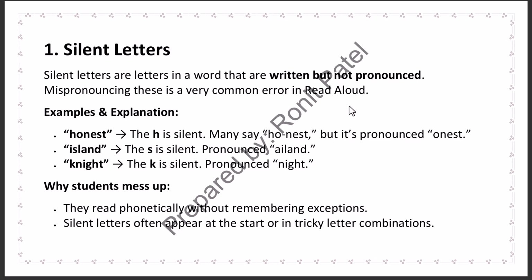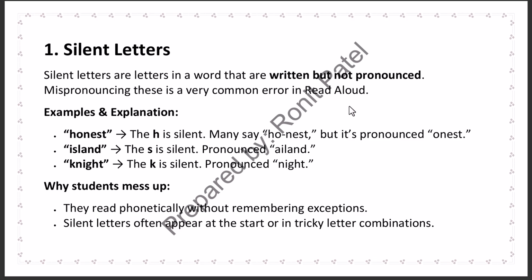So what is the real problem for PTE students? The real problem is reading habit. Most learners were trained in school to read every letter carefully, but in spoken English, good pronunciation actually requires the opposite skill. You must learn which letters to ignore, and here is why this matters to scoring. When you pronounce a silent letter, the AI does not think, oh, small mistake, no problem.